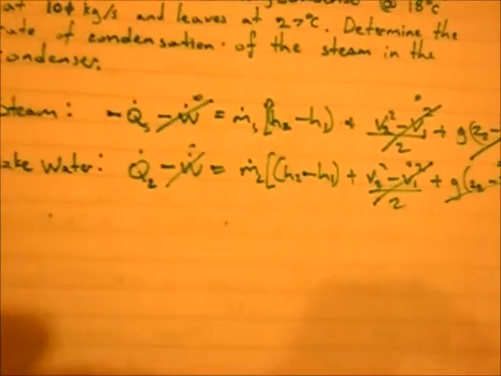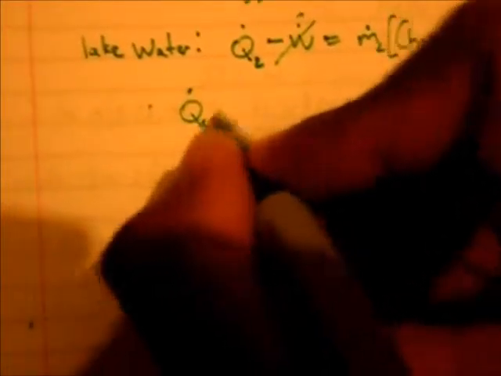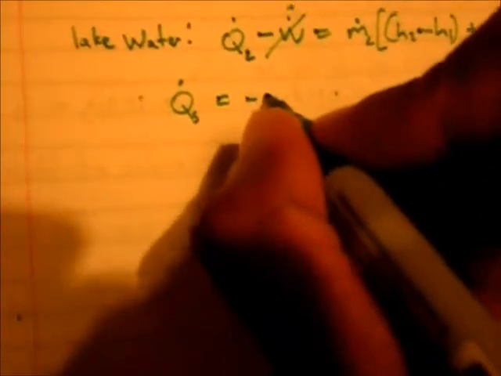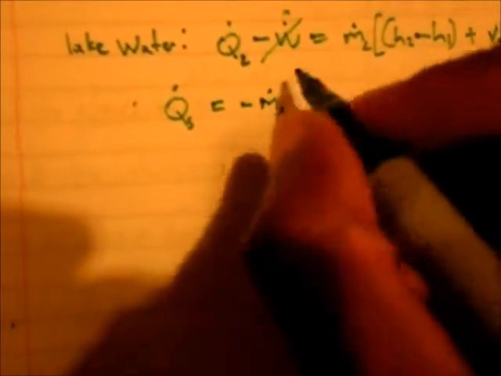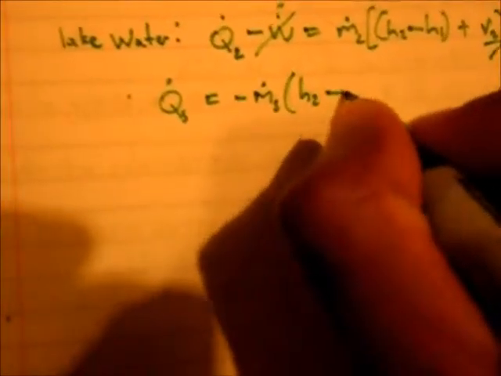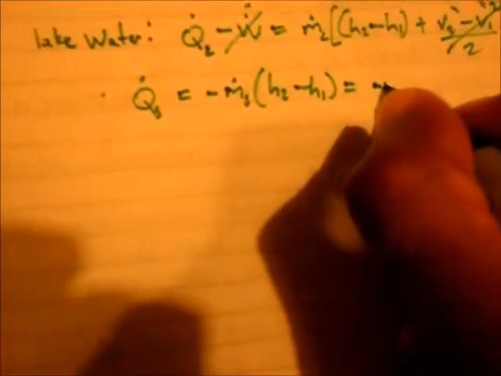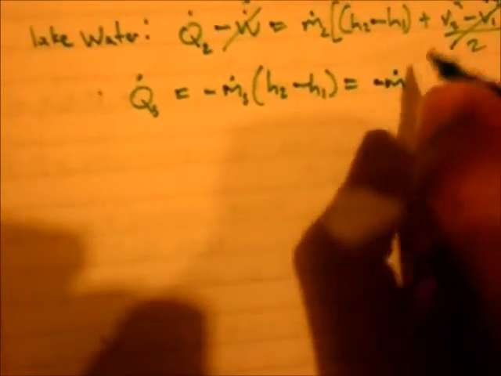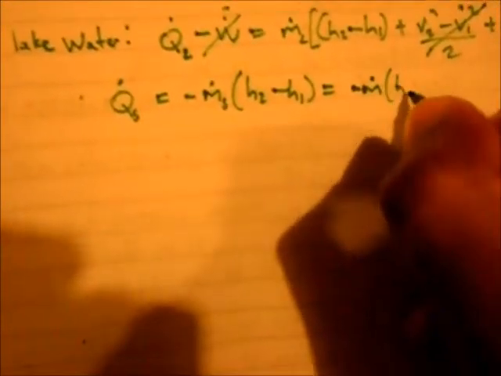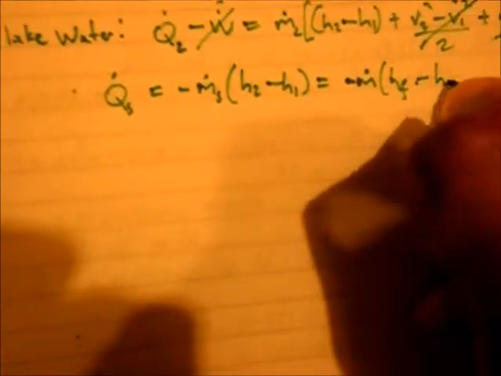So first of all, we're going to take the equation for the steam, and that is going to give us Q dot S is equal to minus m dot S times (h2 minus h1), which is equal to minus m dot times (hf minus hg), which is equal to minus m dot hfg.